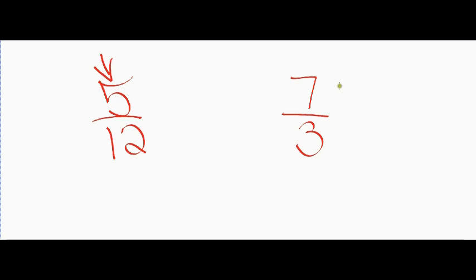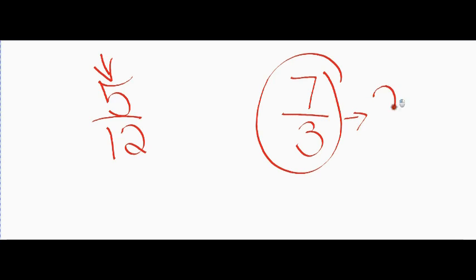When we have this 7/3 here, things get a little bit messy, because 7, as you can see, is bigger than 3. So that is what we call an improper fraction. Improper fractions can also be written as mixed numbers, where you have a whole number, an integer, with an additional fraction to accompany it. So we can see from the division problem I did earlier, 7/3 is the same as 2 1/3.